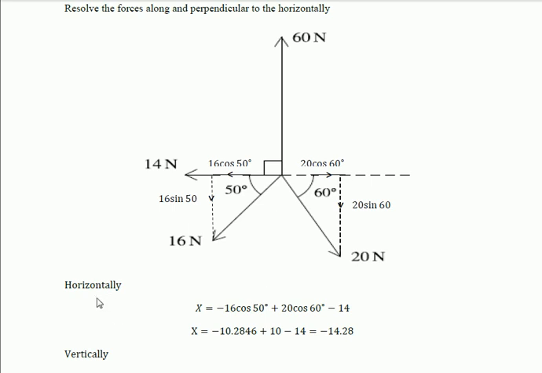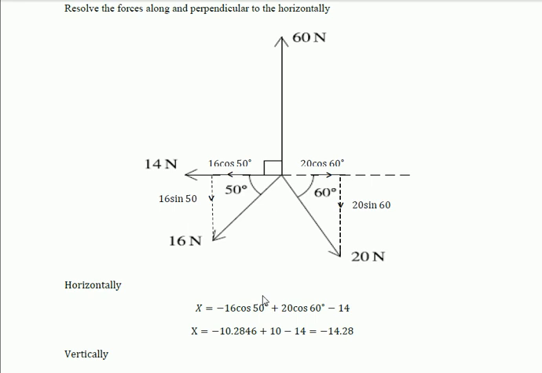Now we shall resolve these forces horizontally. From the diagram, x is equal to minus 16 cos 50. As the direction of the force is on the left hand side, its sign will be negative.